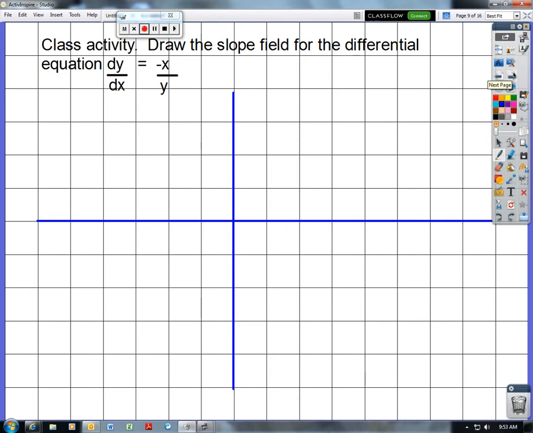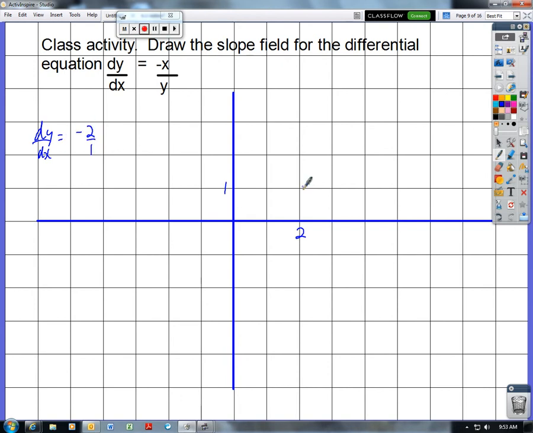Just so you know, if you can't be in class, I'll do a couple of examples so you can see how you're going to do this. Let's say I randomly choose the point 2, 1. So that means x is 2 and y is 1. If I plug in 2 for x and 1 for y, I'm going to get dy dx equals -2 over 1.